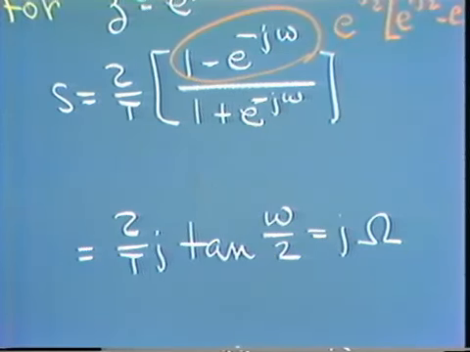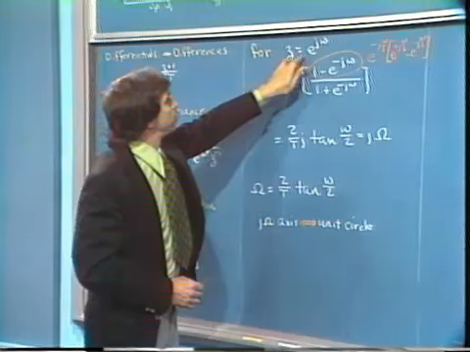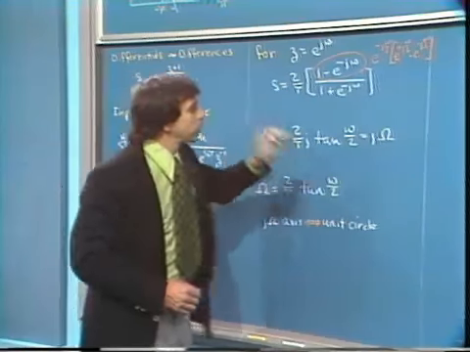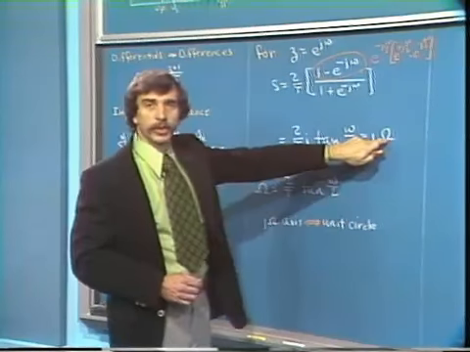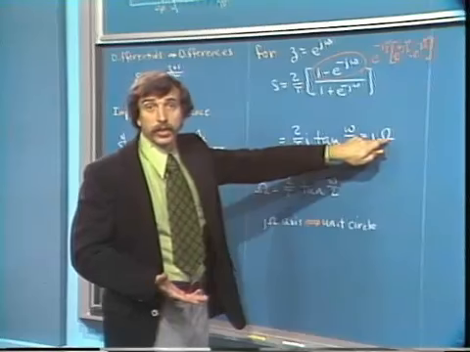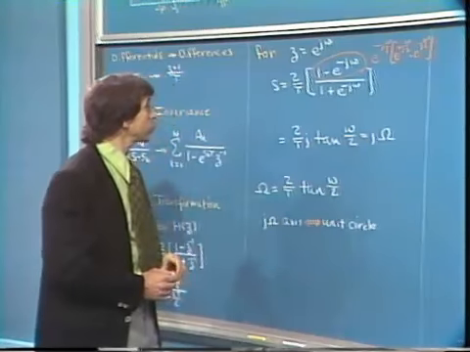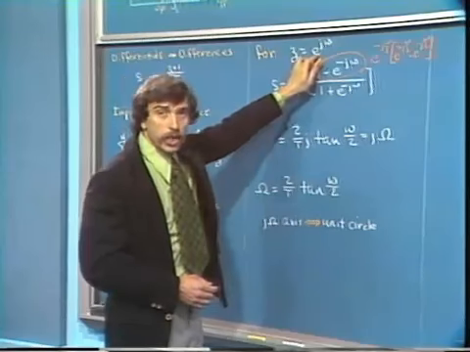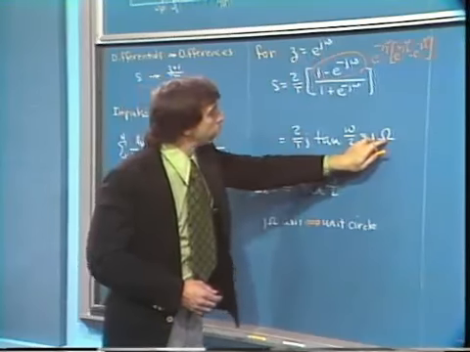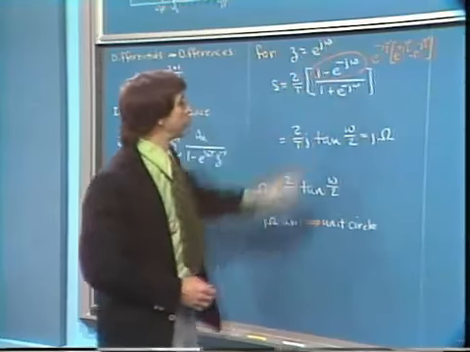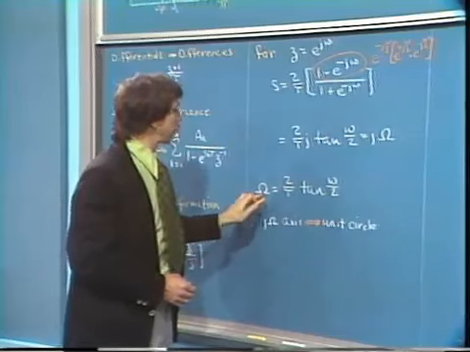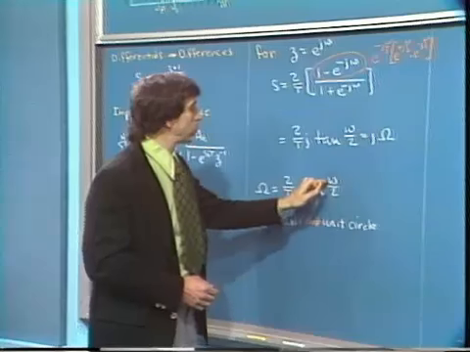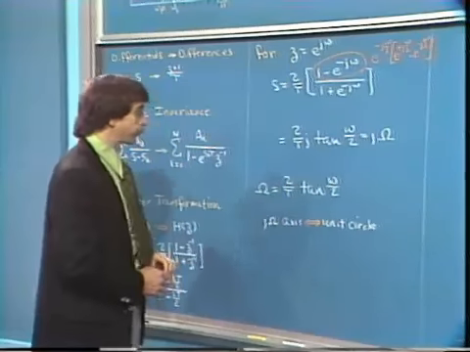All right, well, what does that say? It says that if z is on the unit circle, then s is going to be of the form j times a real number, and that has to have been then the j omega axis. So s equal to j capital omega means z equals e to the j omega, where capital omega and little omega are related by capital omega equal to 2 over capital T times the tangent of little omega over 2.